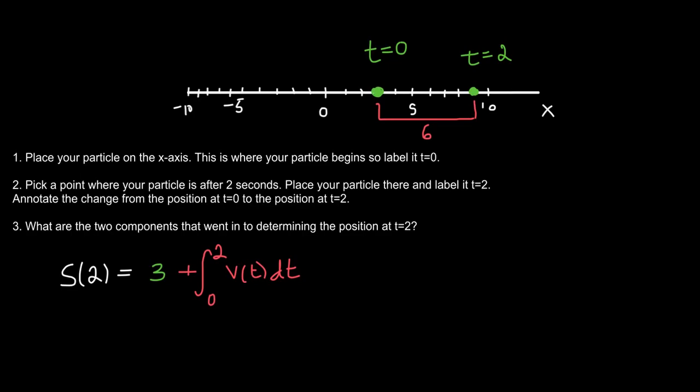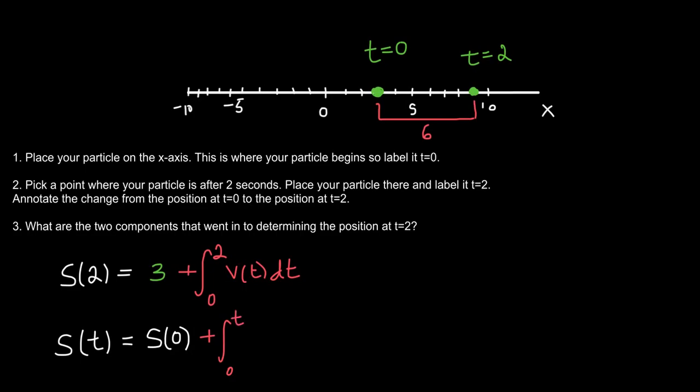I can write a function for the position using these two components. So for this initial position here, I'm going to use s of 0, the position at time 0, to represent that. And the amount the position has changed between 0 and any time t is just going to be the definite integral from 0 to t.